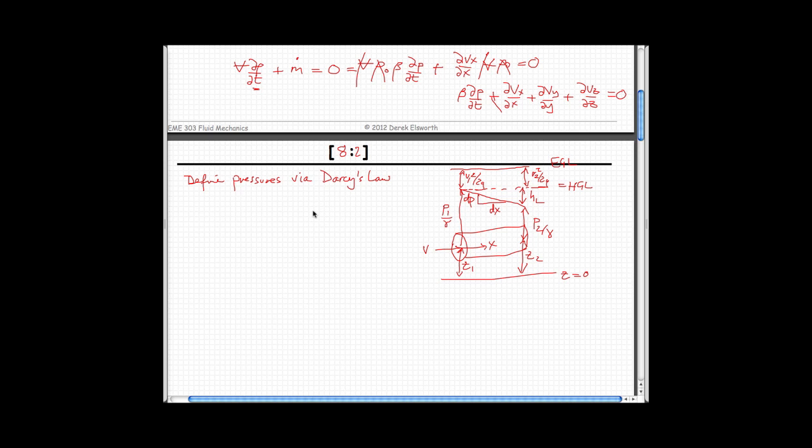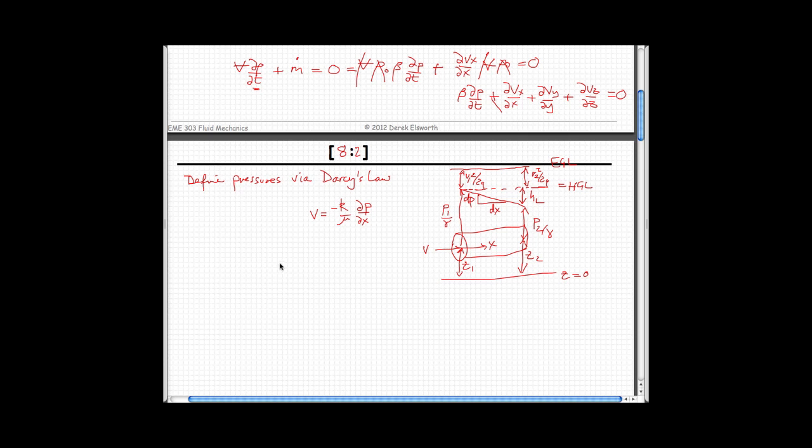And Darcy's law basically says that the velocity that this comes out of the bottom at, V2 in our particular case, is equal to two coefficients, a permeability and a dynamic viscosity, times the change in pressure with length.